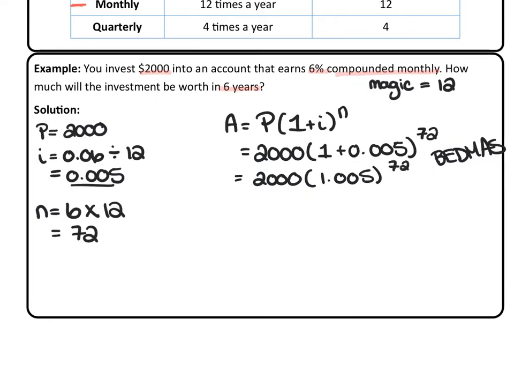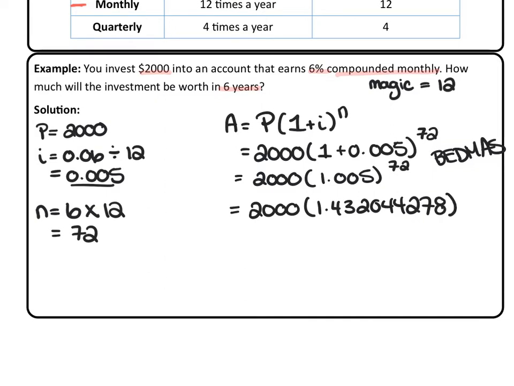We'll do our exponent next. So when I get it, I get 1.432044278.